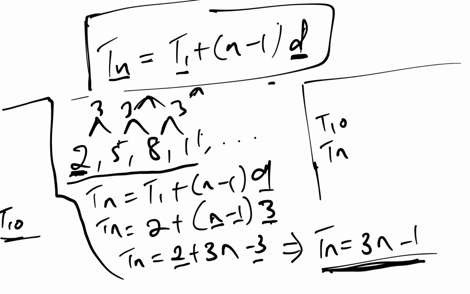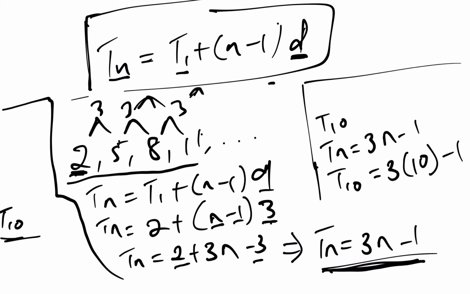We said Tn is equal to 3n minus 1. Where there's n, I will put the 10. Term number 10 is equal to 3 times 10 minus 1. Then T10 is equal to 3 times 10, that's 30, minus 1, that's 29. So you can see that now I don't have to say 11, 14, 17, and so on until I get to the 10th term. We can just easily use the formula to find term number 10.